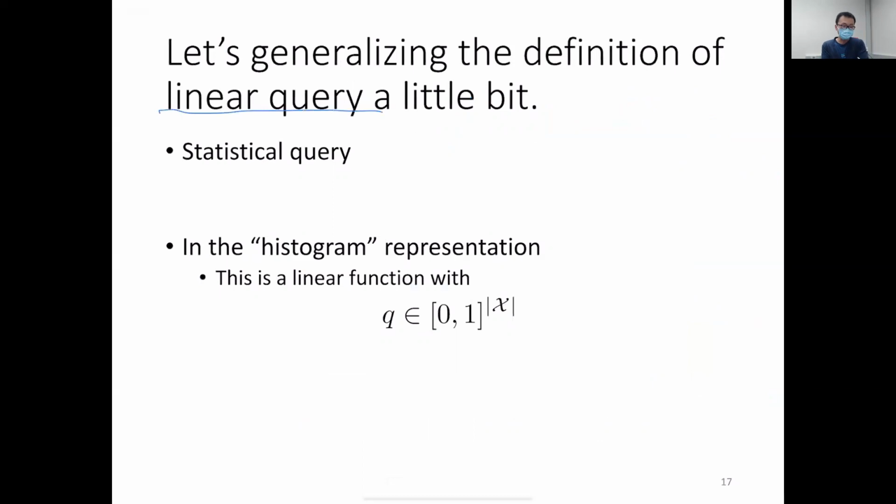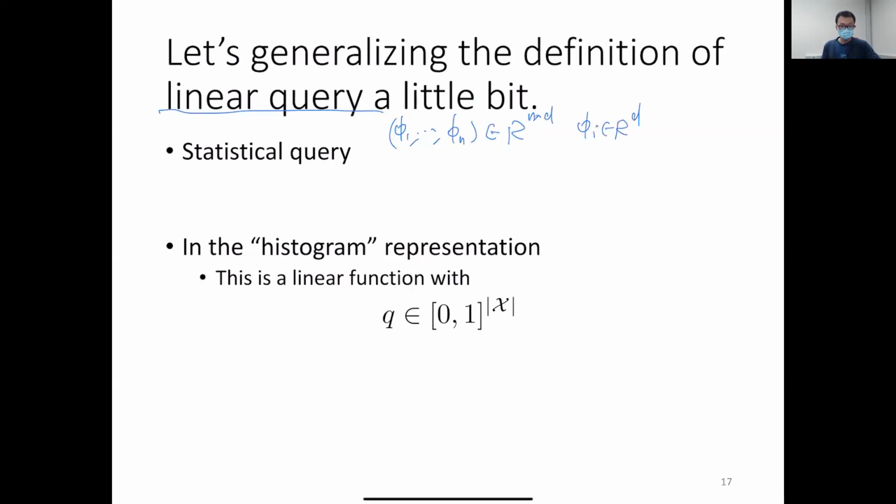So before we talk about why it is called linear query, let's consider a family of so-called statistical queries that might be more familiar to you. Take the data table type of representation of the data set. This is n by d, and each phi i is in R to the d.